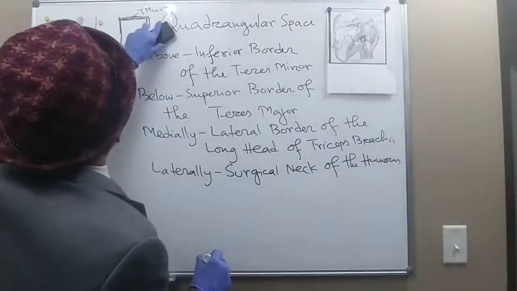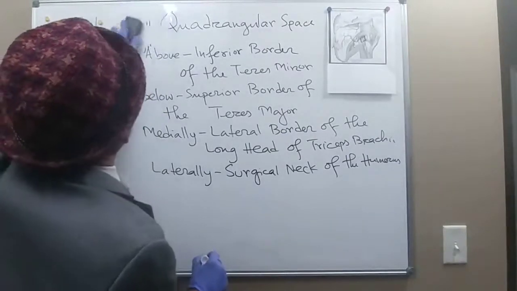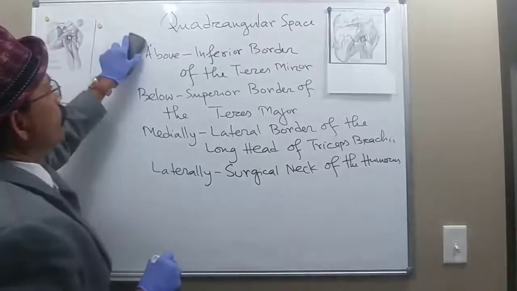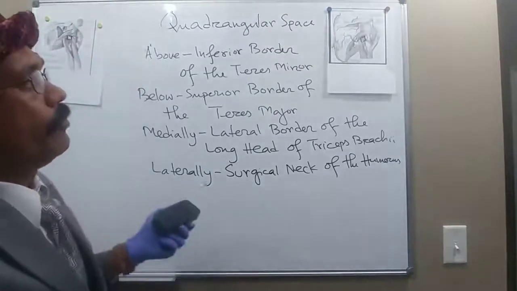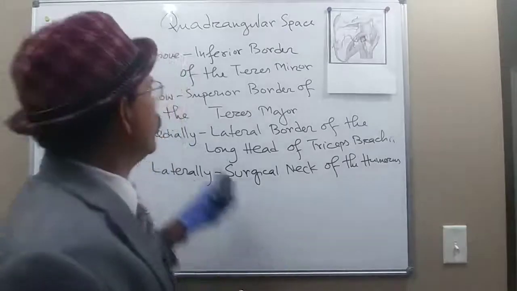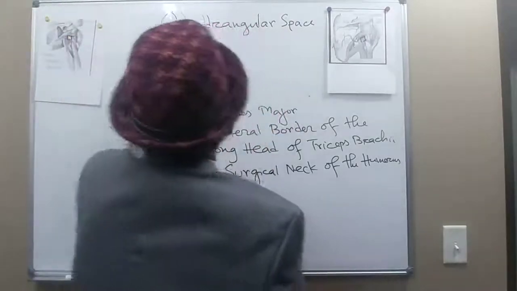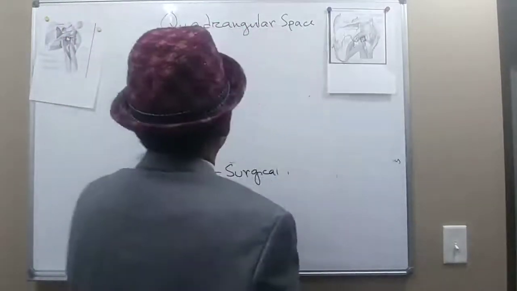So we got a quadrangular space, called quadrangular because it is quadrangular. We got the boundaries. Now we go to the contents of the quadrangular space.